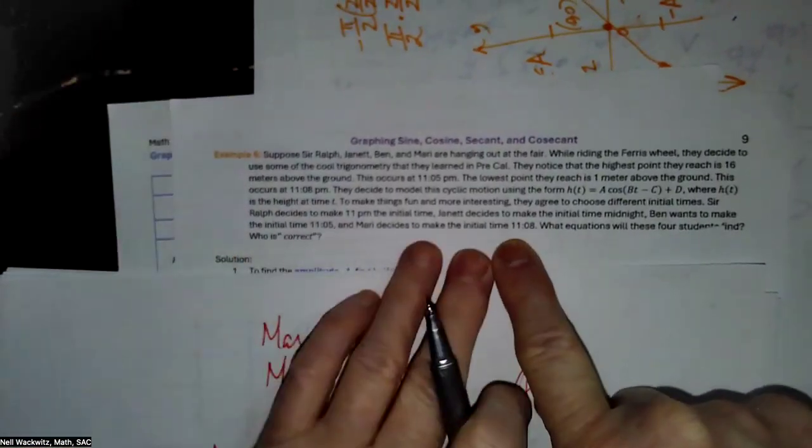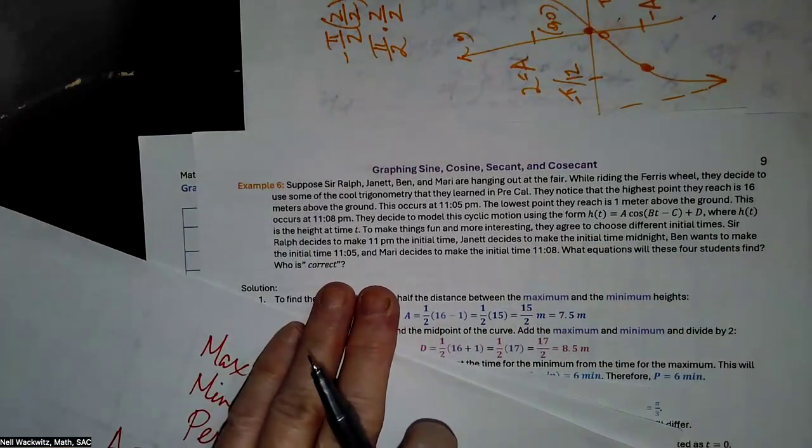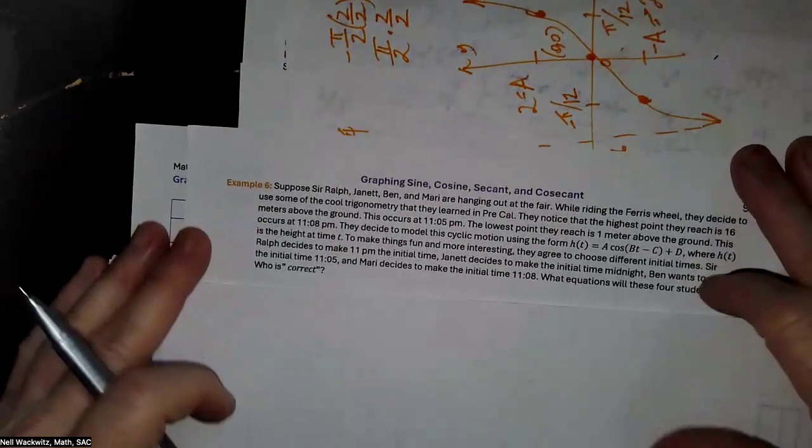And that's part of why you guys are doing this fun thing at the fair, because it's the frame of reference. A lot of times you'll do physics experiments, and you have to set the frame of reference yourself. And how do you do it? Where do you do it? Does it matter? It does matter, but as long as you do it correctly, you're good. It's not like you can do it wrong.